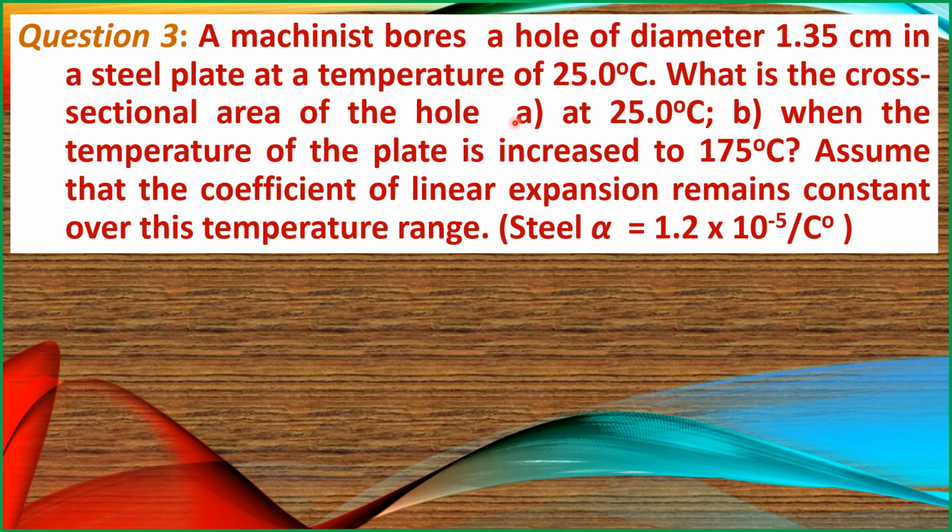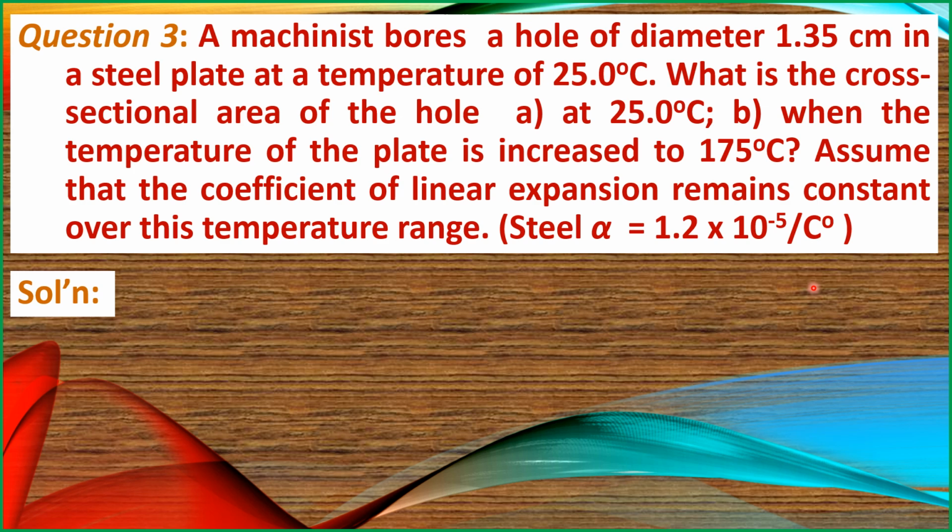So that is question letter A. Question letter B. What is the cross-sectional area of the hole when the temperature of the plate is increased to 175 degrees Celsius? Assume that the coefficient of linear expansion remains constant over this temperature range. So we're taking the value of the linear expansion constant alpha for steel equal to 1.2 times 10 to the negative 5 per Celsius degree.